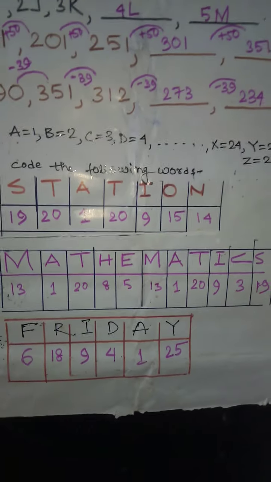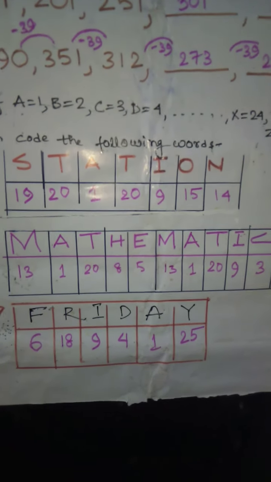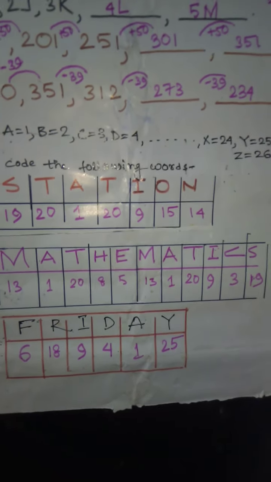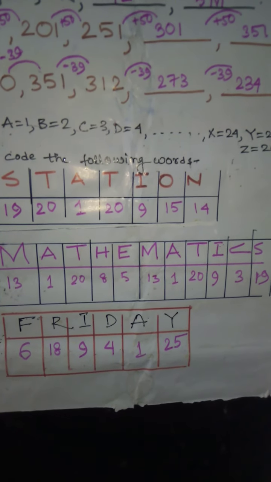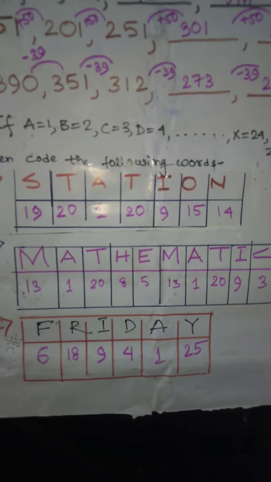When you are practicing at home, if you want to code any word, please do make a table like this so that the numbers do not get mixed with each other for different words. Now let us recapitulate what we learned today.